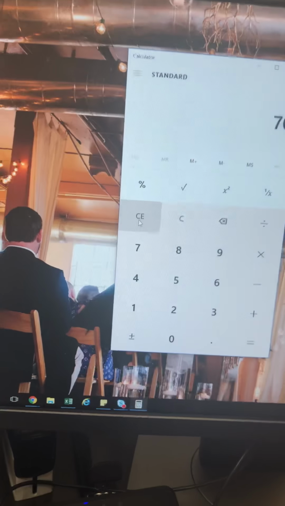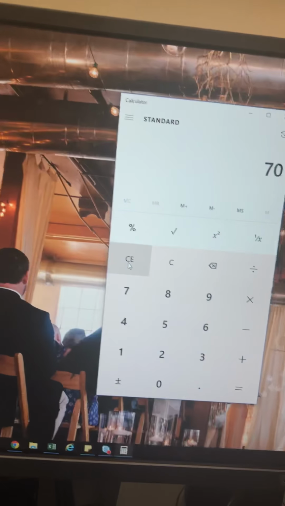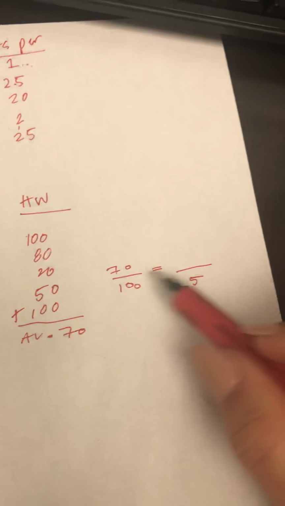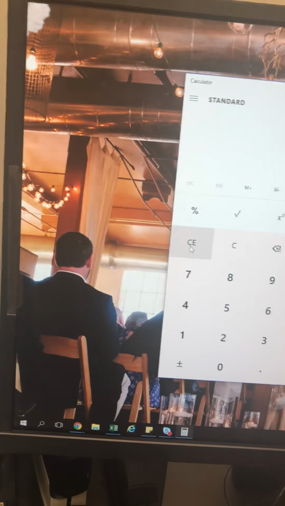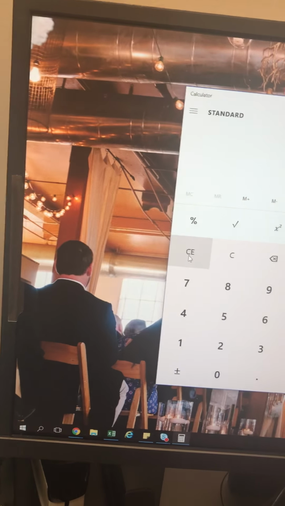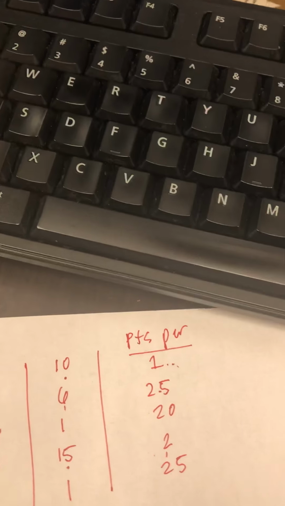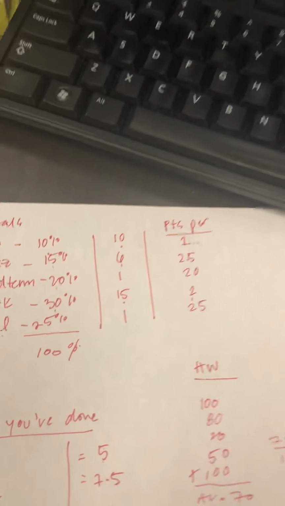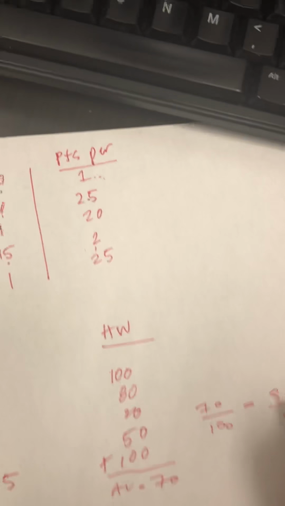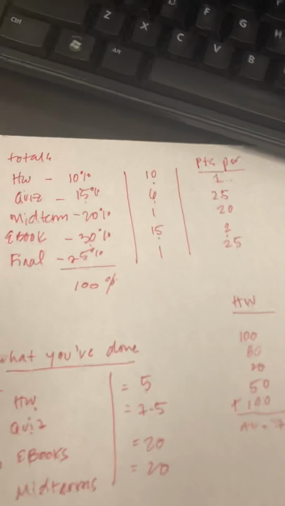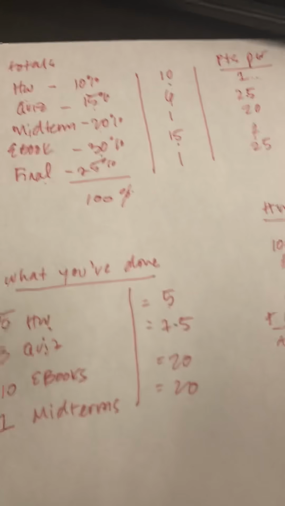So I take that 70, times it by 5, divide by 100. So 70 times 5 divided by 100 is 3.5. So right now, my 70 on all my homework equals 3.5 of my final grade, of the points that we've accumulated so far. All right, let's do your quizzes.